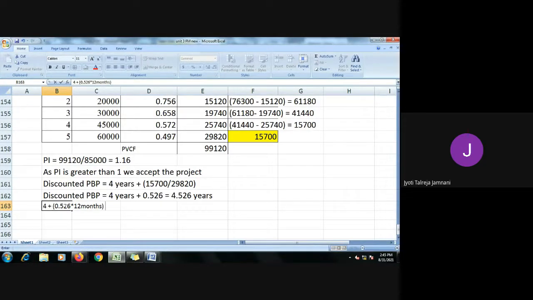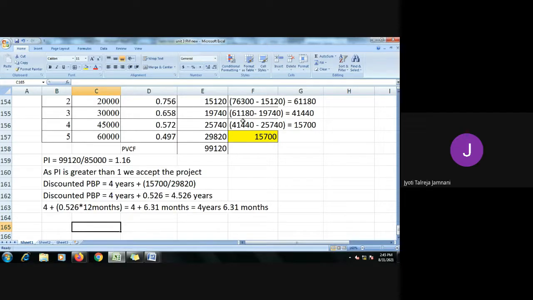So that will be equal to 4 years, 6.31 months. You need not do it till here. They will usually not ask till this detail. I just showed you how to convert it into months.